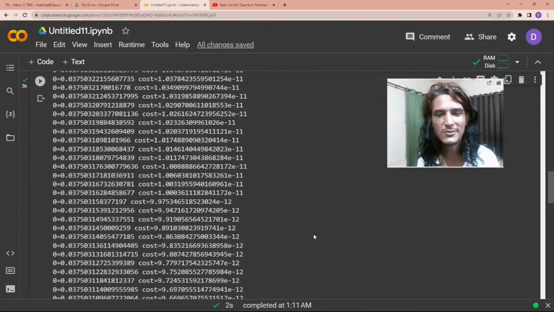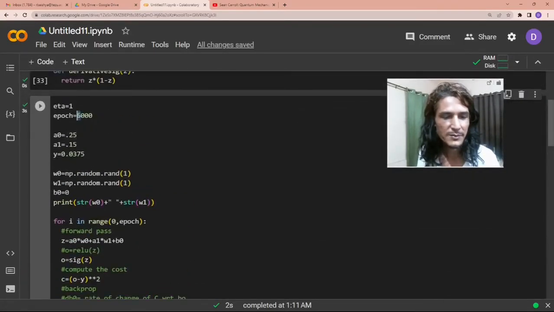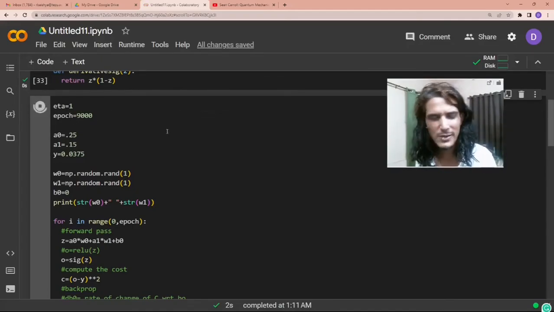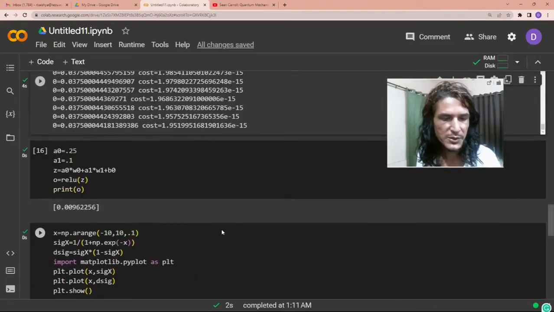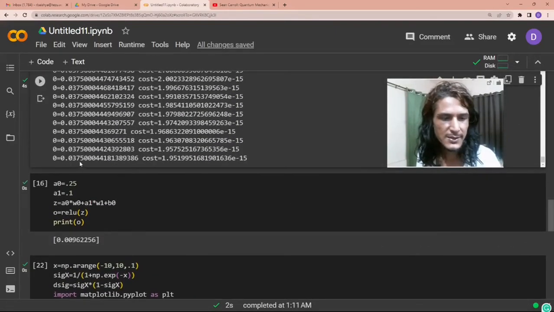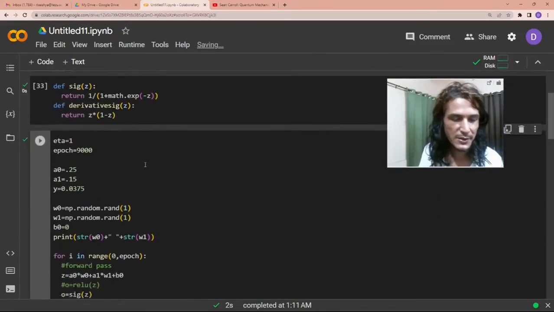Still it's not very good, huh? Give it 9,000, since we know 10,000 was working, so 9,000 should be sufficient. 0.0375, that's the best it can get: 0.0375004.